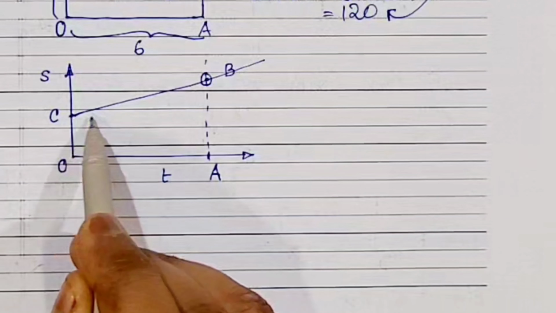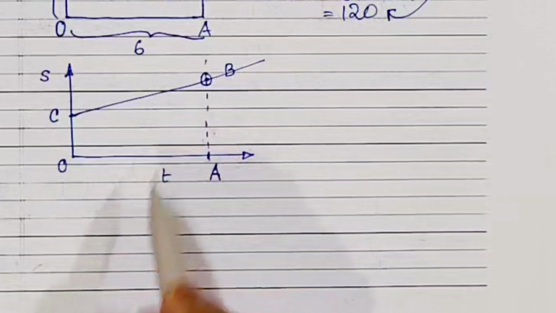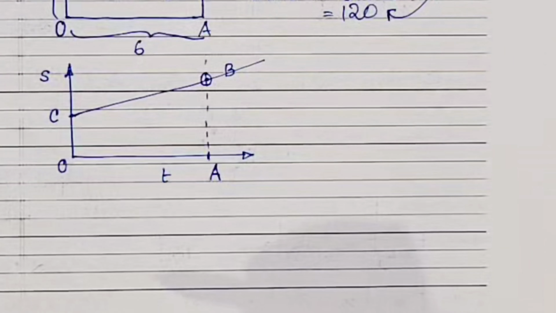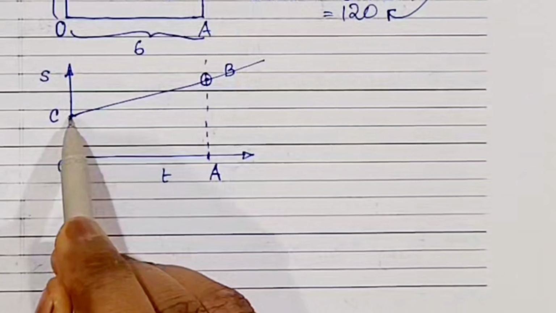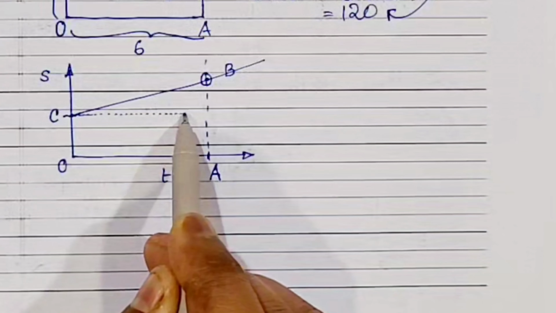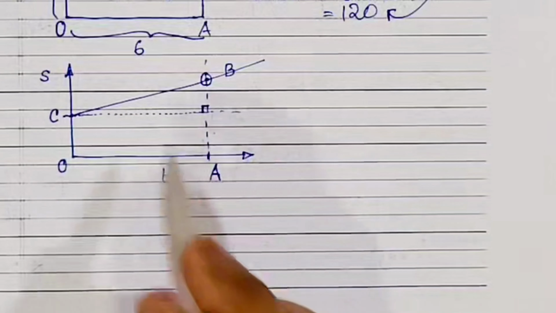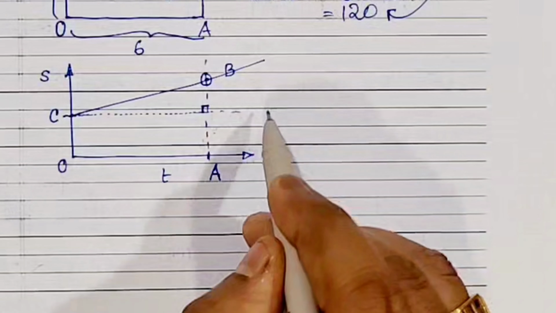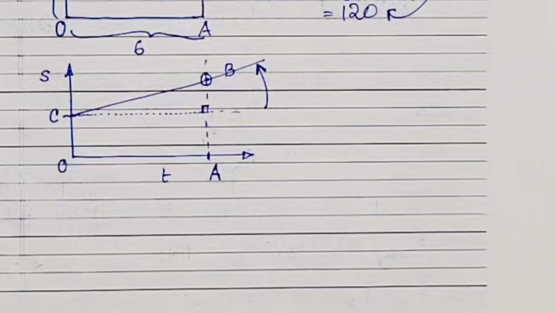Now I will show you later how to calculate the area of this quadrilateral. But remember that from C to B, you're seeing a slope here. If I draw a line parallel to the time axis, this becomes a 90-degree angle. You are seeing a gradual inclination. This is due to the acceleration.